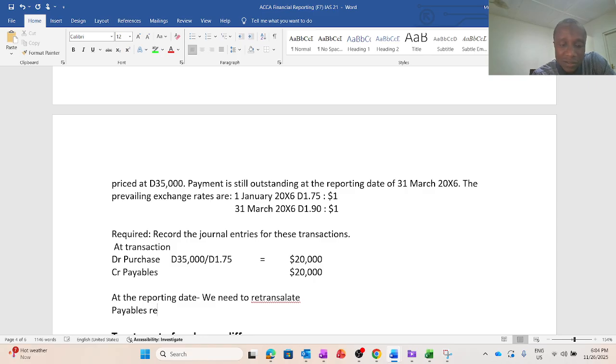The amount we are supposed to pay is 35,000 dirham, divided by the rate at the reporting date, which is the 31st March 20x6, 1 dollar to 1.90 dirham.